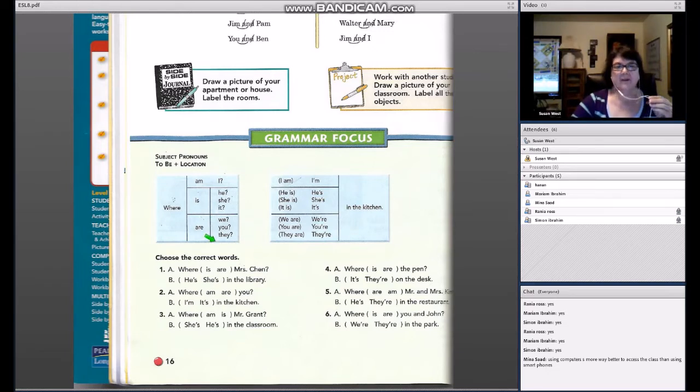So before we start, I'm going to go down this row of pronouns and I'm going to ask you if it's singular or plural. Singular is for one person or thing. Plural is for more than one person or thing.